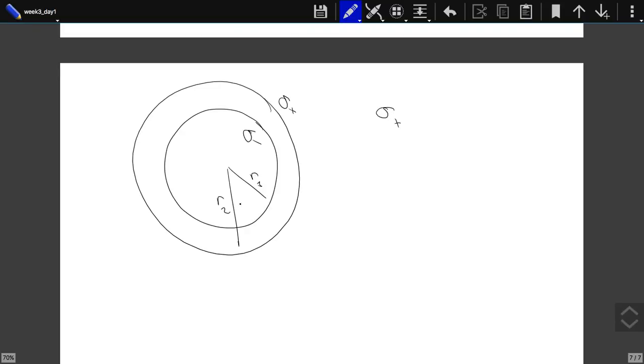Sigma plus times r plus squared should be equal to sigma minus times r minus squared. Now, what is the dipole moment? If you remember, the definition of a dipole moment was equal to... okay, this is not nice because in the definition of the dipole moment, the densities are the same. So I would rather stick with common densities.